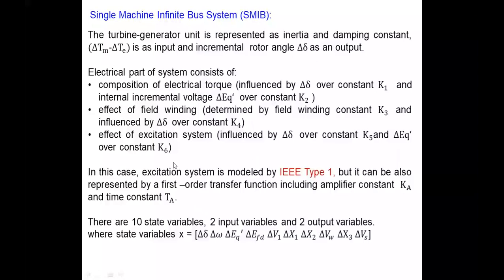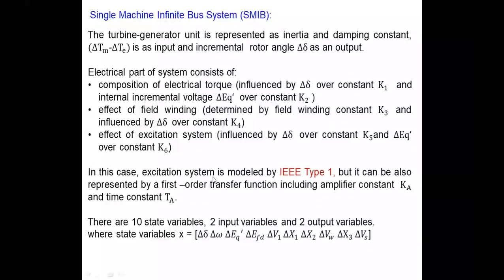In this case, the excitation system, as I said, is modeled by IEEE type 1, but it can also be represented by a simple transfer function with a constant gain and the time constant of the excitation. And thus it will now be your work to obtain the complete state variables which we have.